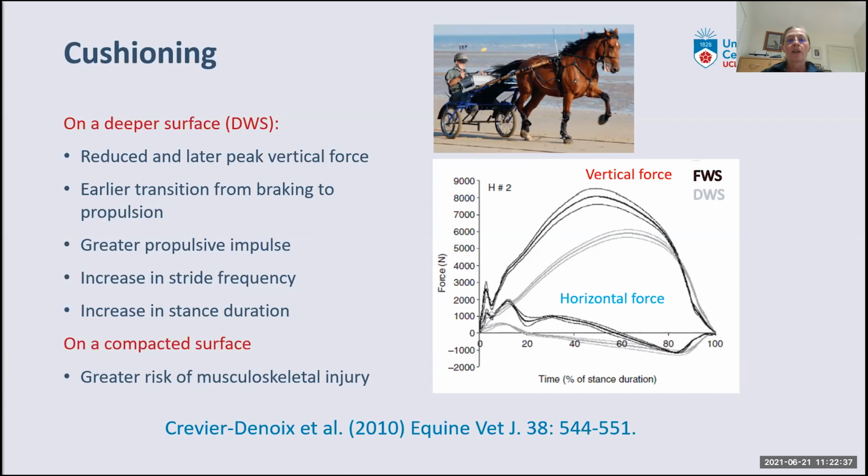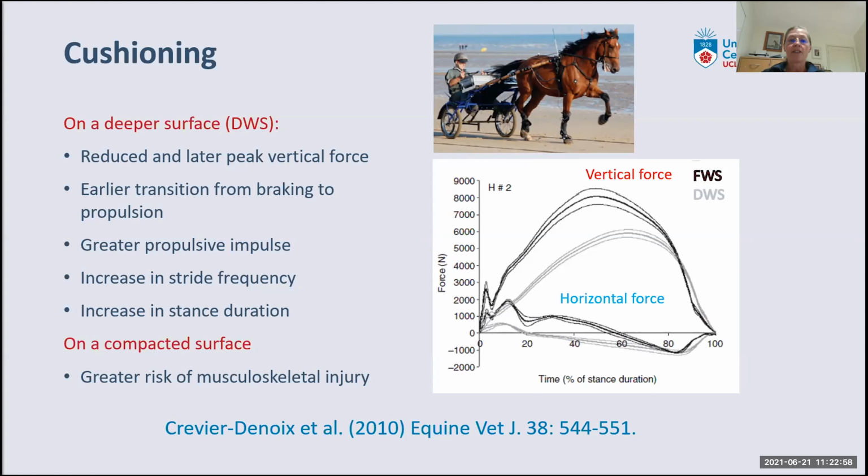Right, so here we have the black line relating to a firm wet sand surface, whereas the grey line relates to a deep wet sand surface. The larger curves there are for the vertical force, and the curves below are for the horizontal force in the direction of motion.